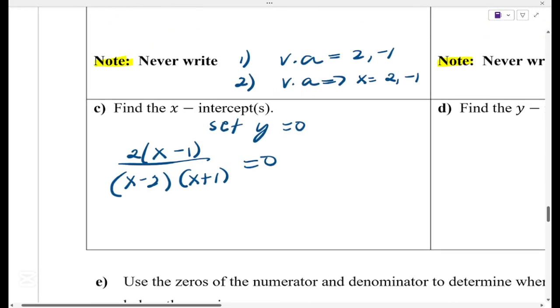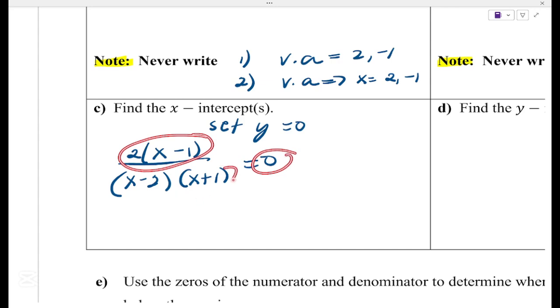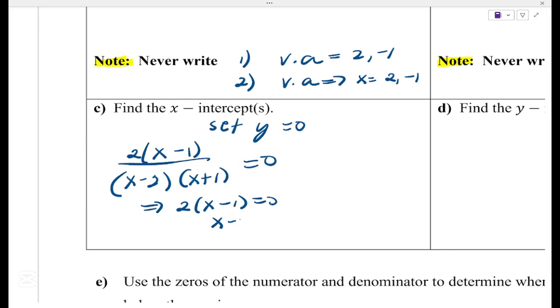And we know that this fraction is 0 only if the numerator is 0, because the denominator cannot be 0. So we have 2 times x minus 1 equal to 0. So x minus 1 equals 0, because you can divide both sides by 2. So x is equal to 1. So this is the x-intercept, which is 1.